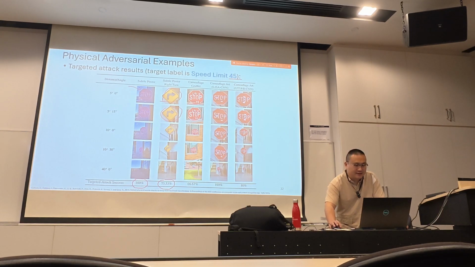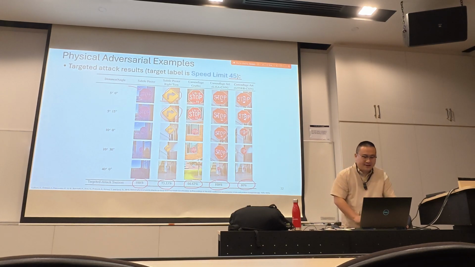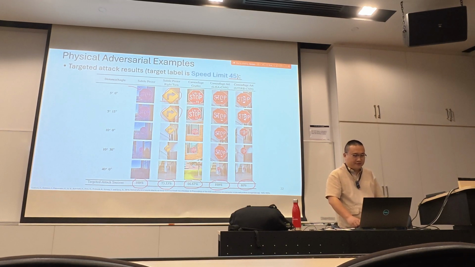So instead of the perturbations being applied on all the surface of the traffic sign, we can specify some specific areas that we put the perturbations, for example, like these places. And we can also see that we can still achieve very high success rates. This shows the power of physical adversarial examples.